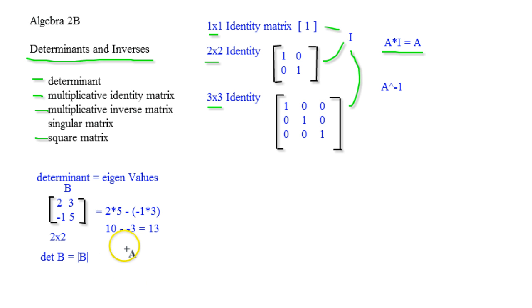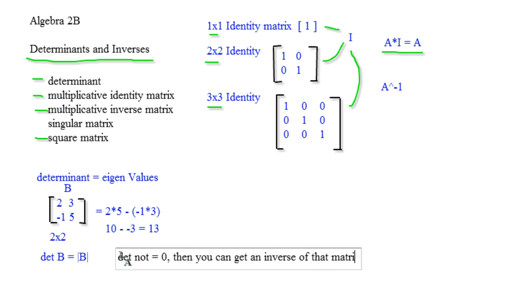Now, this is perfect because this will actually help us find the actual inverse. A lot of things have to go on with the inverse to actually work with it. If the determinant does not equal 0, then you can get an inverse of that matrix.